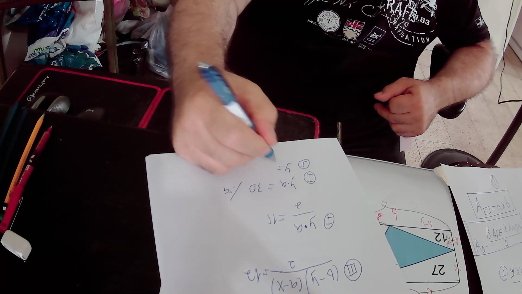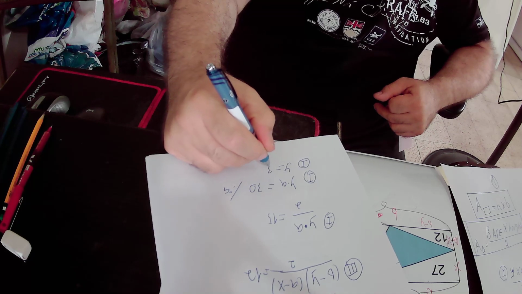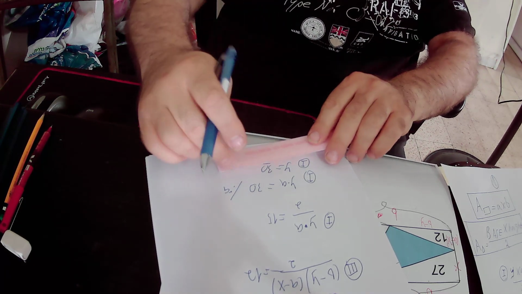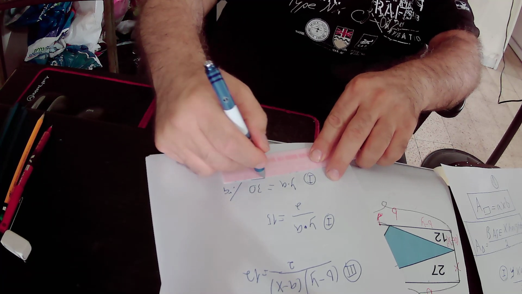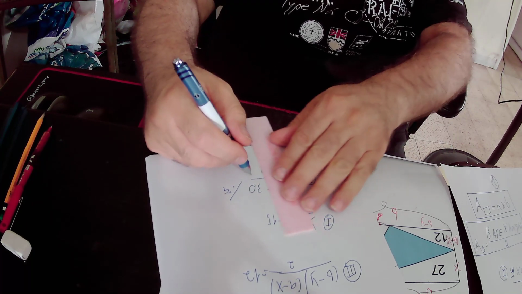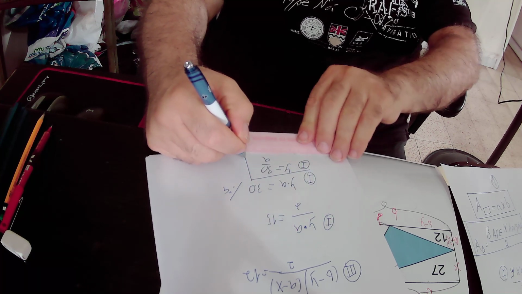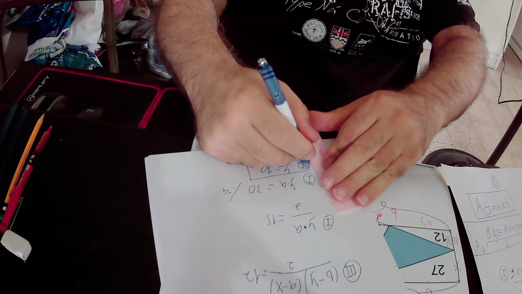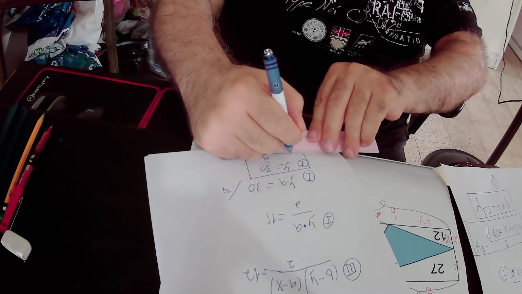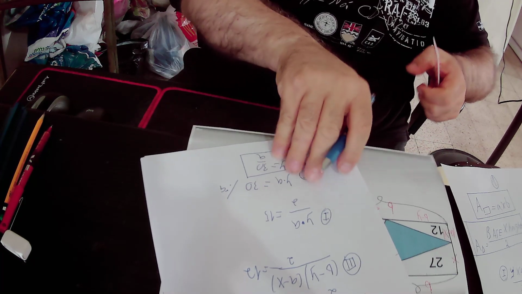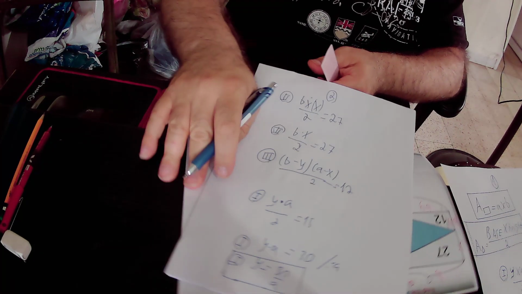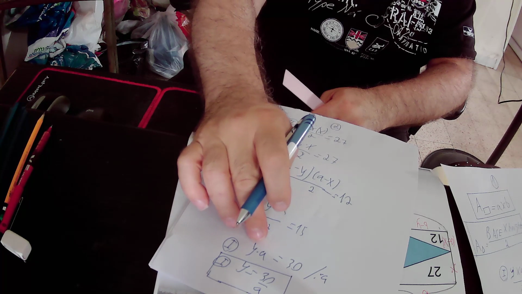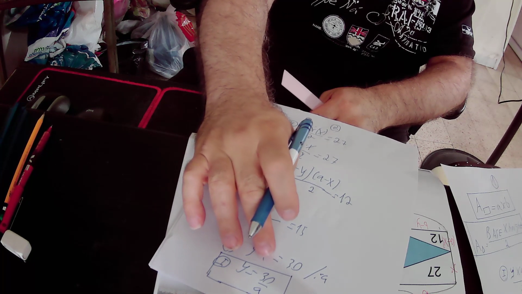So y equals 30 over a. So we took y out of the first equation, and we got the expression of y after we divided both sides by a: y equals 30 over a.